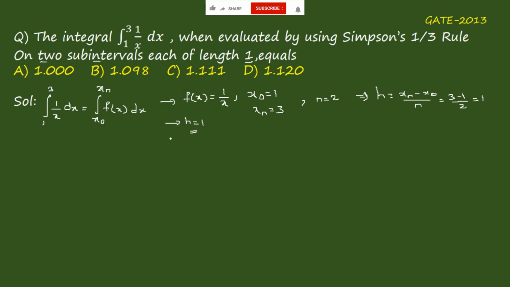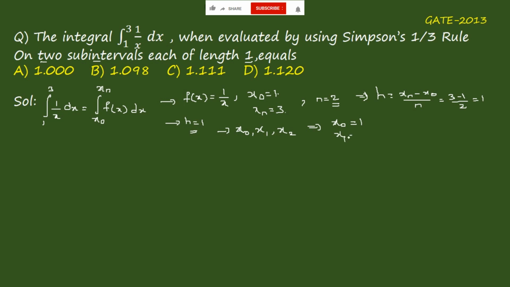Now for this, what we do is first find the values of x0, x1 and x2, as they are two subintervals, right? So here x0 is equal to 1.